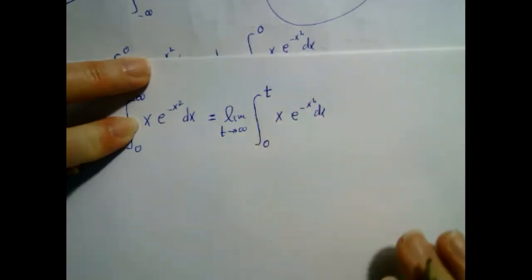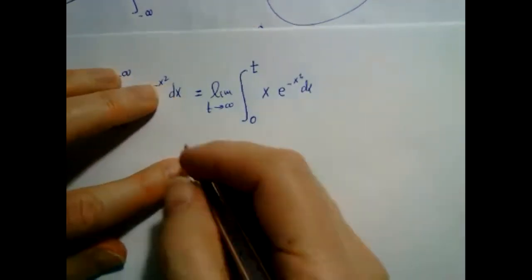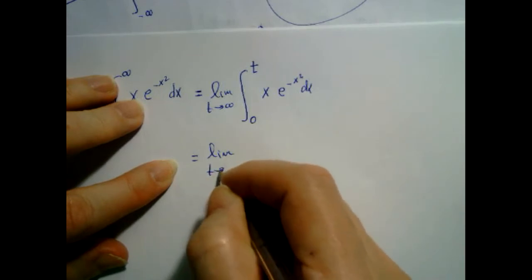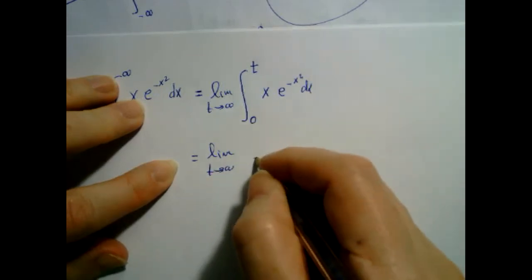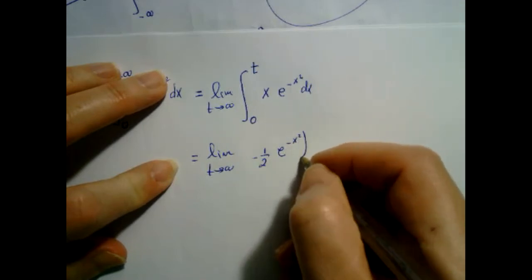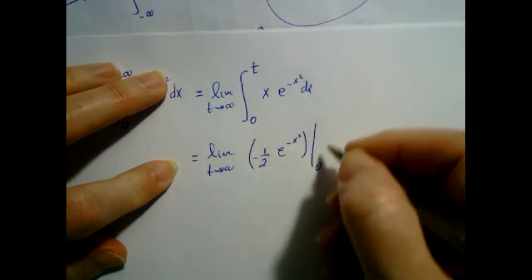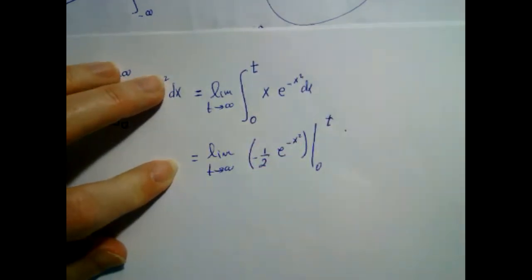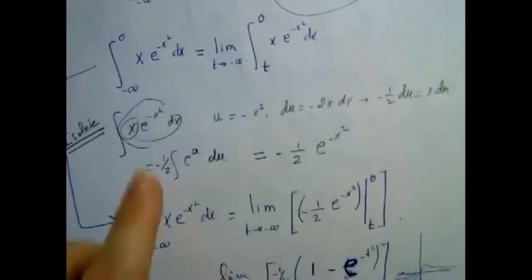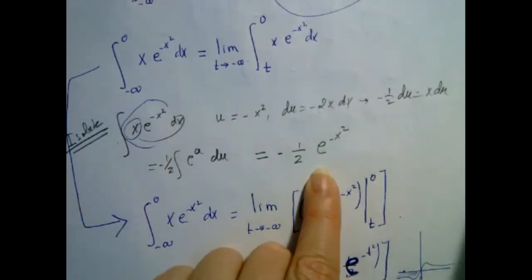Now I did already evaluate the indefinite integral, and we got minus a half e to the minus x squared, but now from 0 to t. By evaluating this right here, we found the antiderivative, so I don't have to repeat it again.